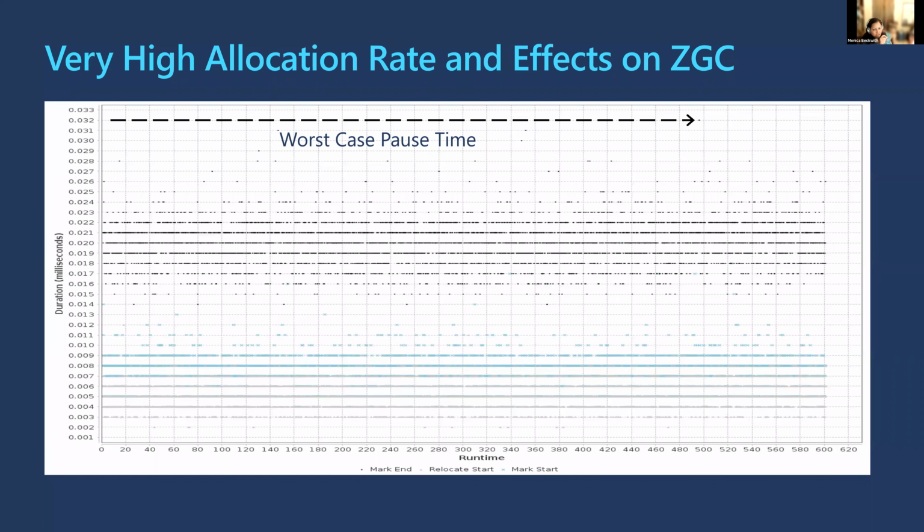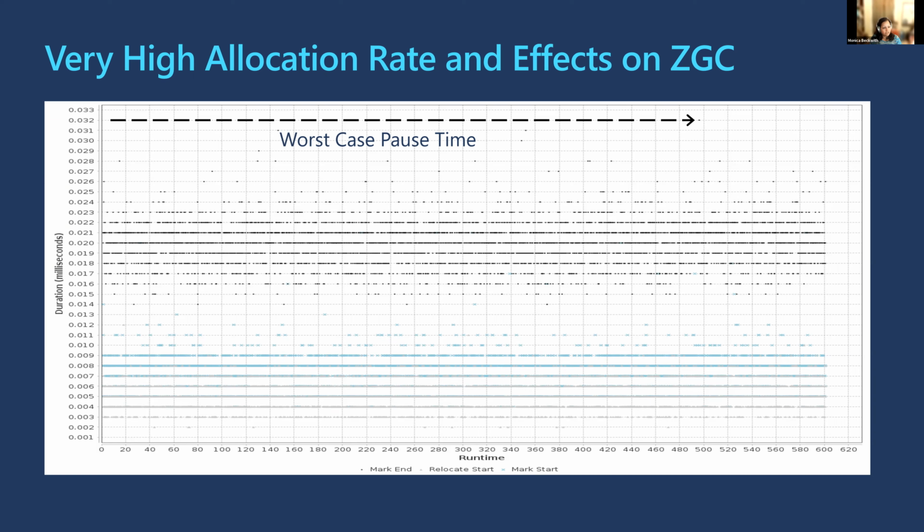The worst case pause that the application ever saw with ZGC was 0.032 milliseconds. You can literally see almost straight lines, because the GC is working nonstop, trying to keep up. It did not give in. It didn't run out of heap space, and it did not give in with respect to its pause time goals. So it did great as far as I'm concerned.